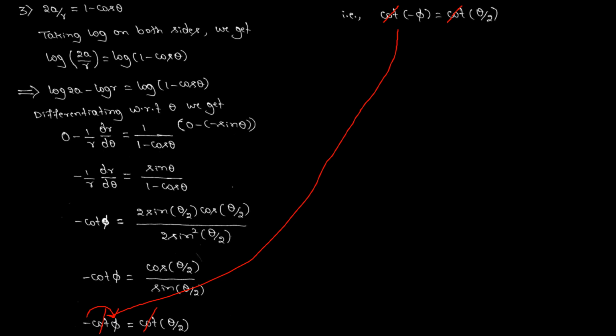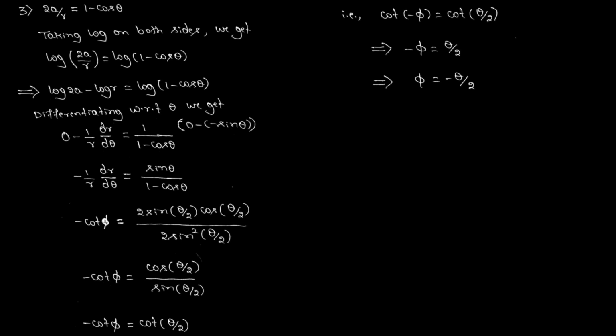After cancellation what remains is minus phi is equal to theta by 2. Therefore phi is equal to minus theta by 2. So we got the angle between the radius vector and tangent.